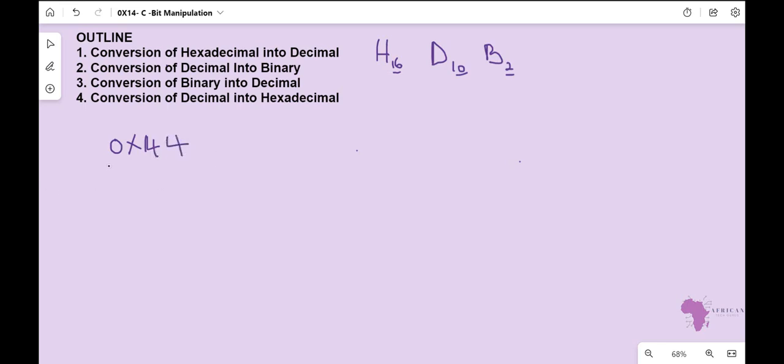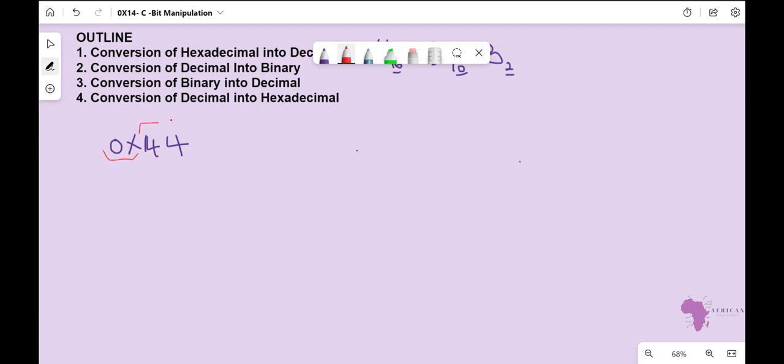In this case, guys, this is a hexadecimal number. Why do we say that it's a hexadecimal number? Sorry, let me use the red pen. What you are having here is hexadecimal notation. This is what tells you that this particular number is a hexadecimal. This is what is called hexadecimal notation.